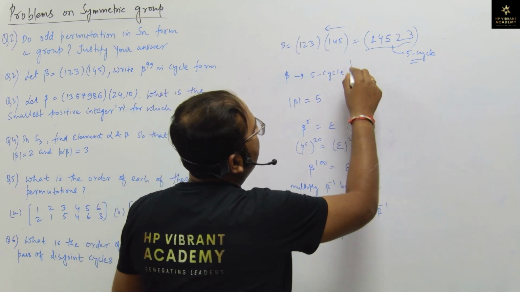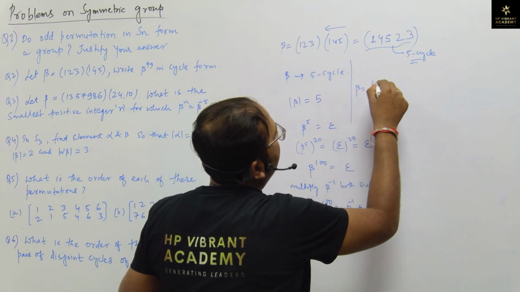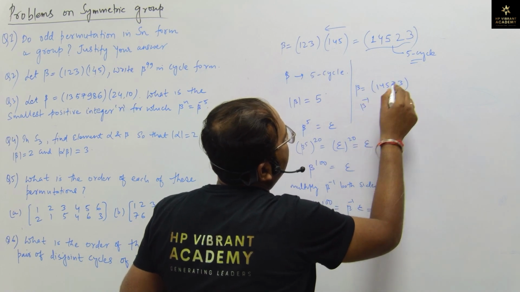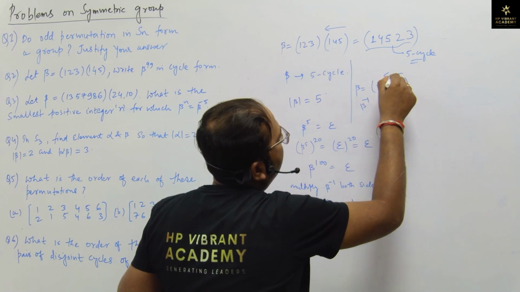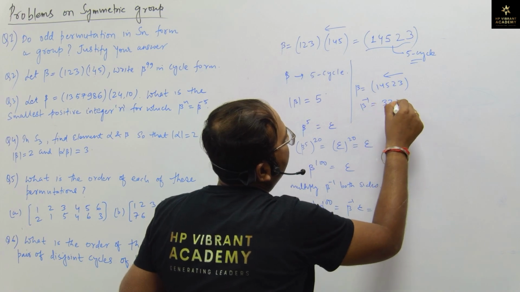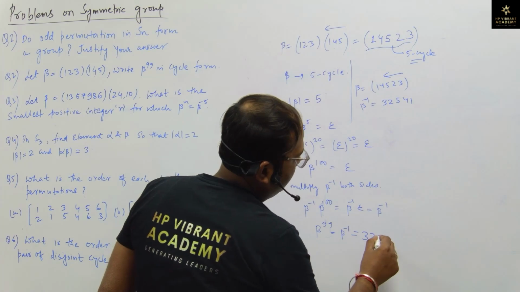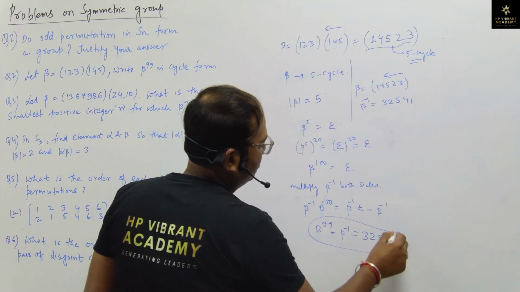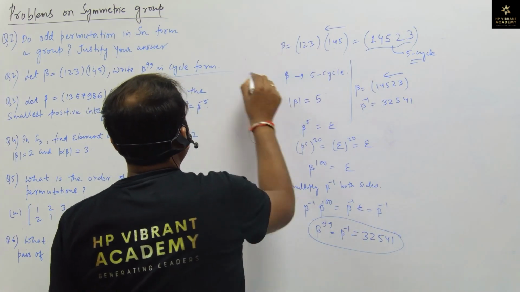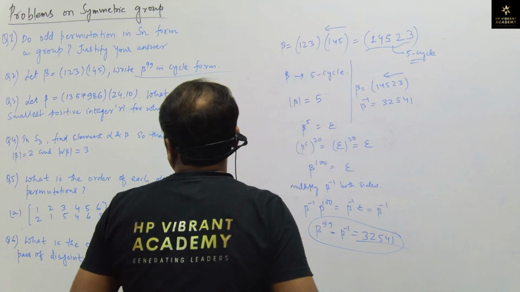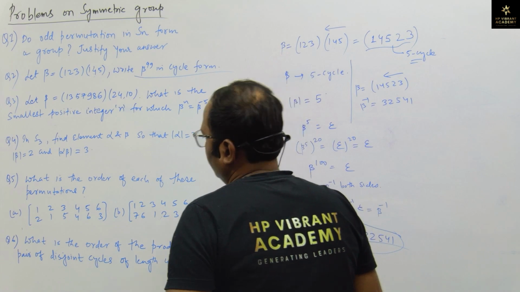So we have the value of beta as (1 4 5 2 3). Beta inverse will be, we have to apply right from this particular direction, so this is (3 2 5 4 1). So beta to the power 99 in cycle form is (3 2 5 4 1). Now let us discuss question number 3.